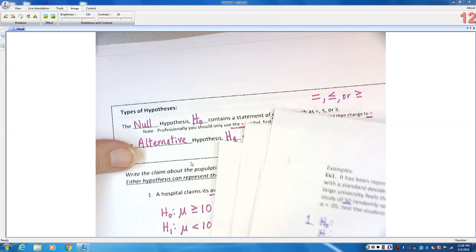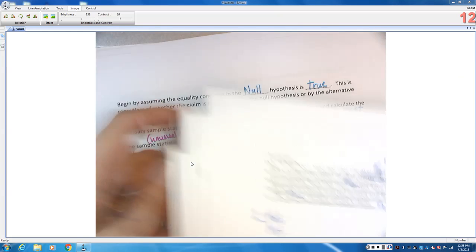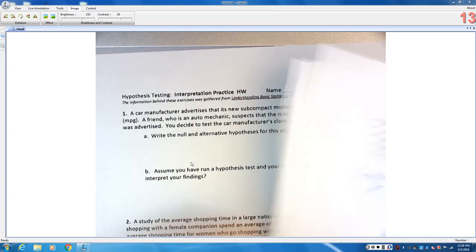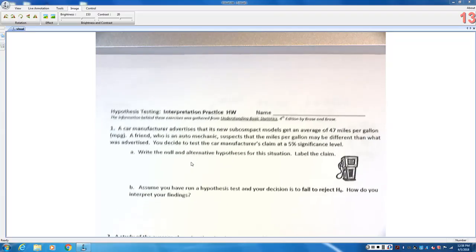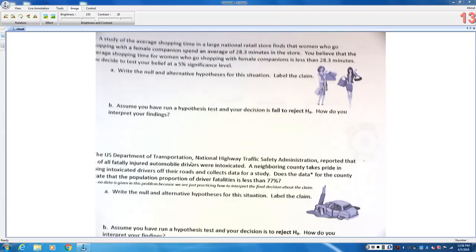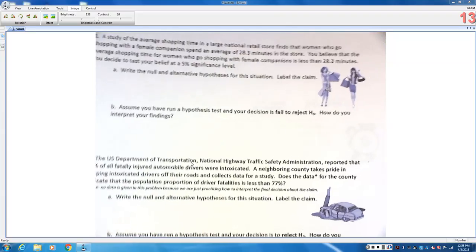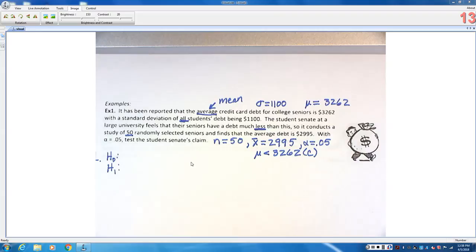In D2L. I'm trying to find it. This is the worksheet that's due next time, 3 questions. It's the one with the gas pump.